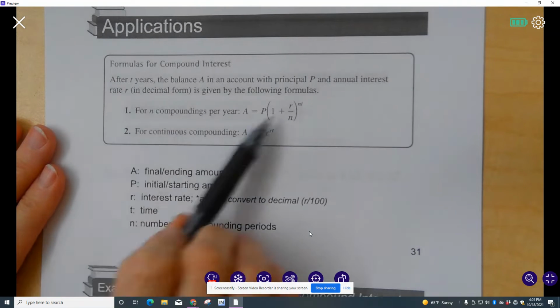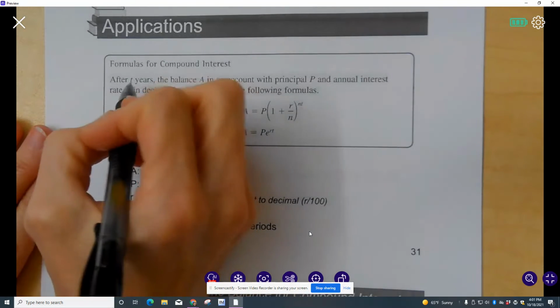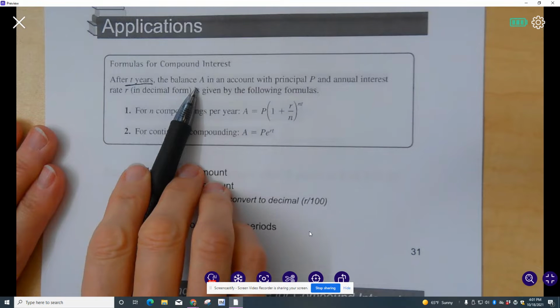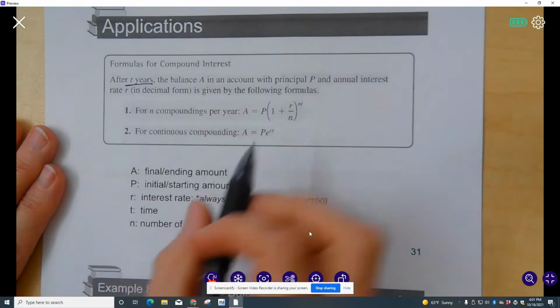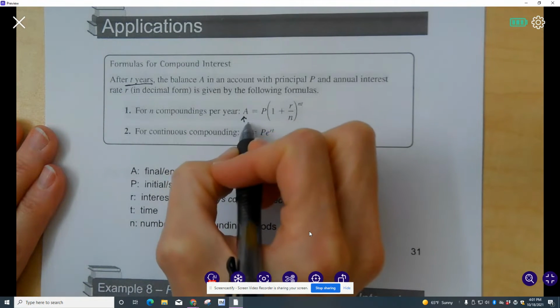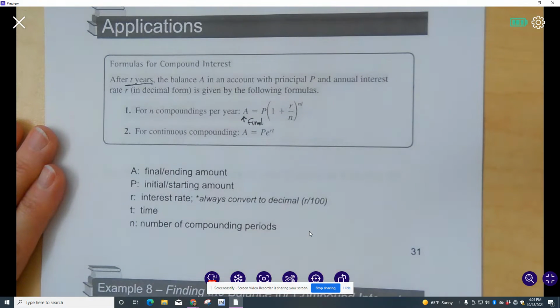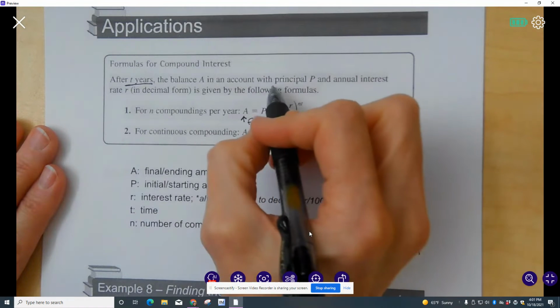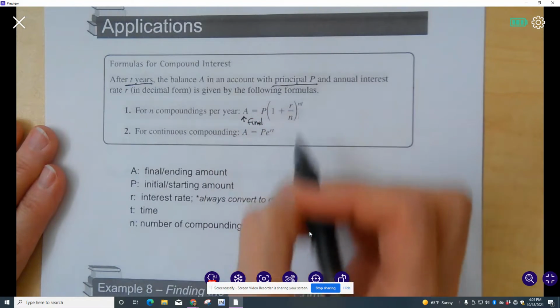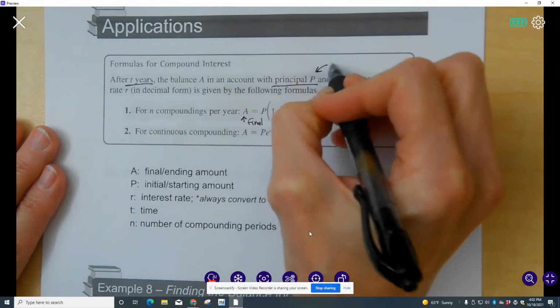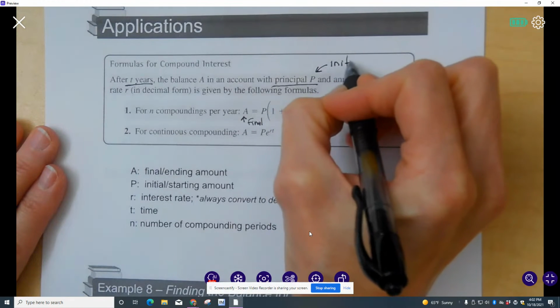In both of these formulas, t is your years. A is the balance in your account, at the end. So that's your final amount after you've earned your interest. P is called P because it's called the principal. That's a financial term for your initial amount.